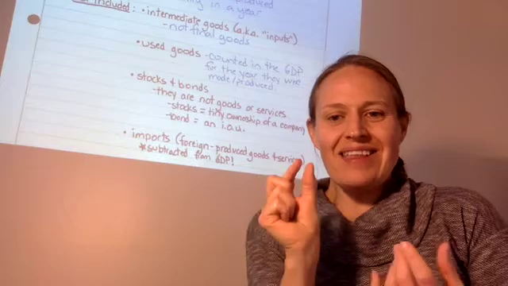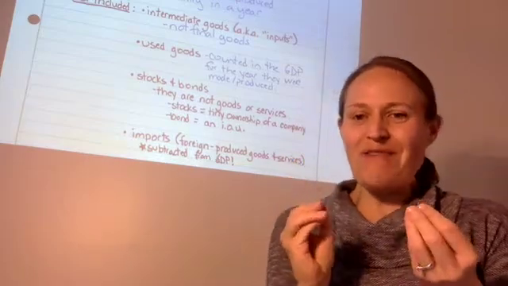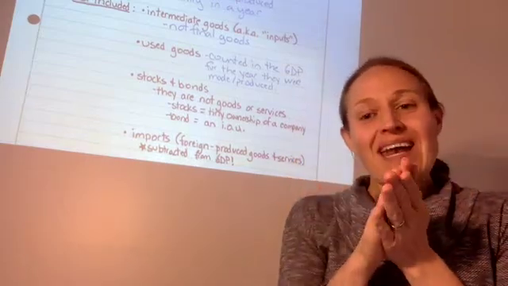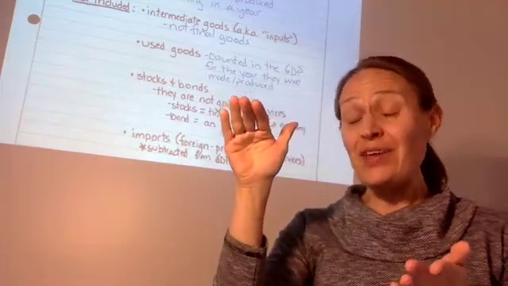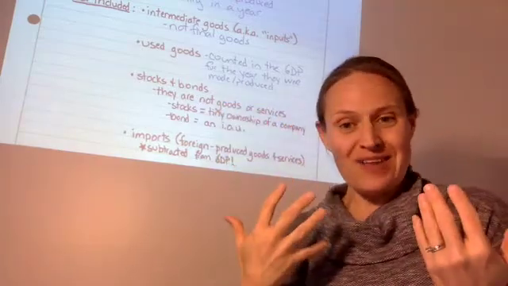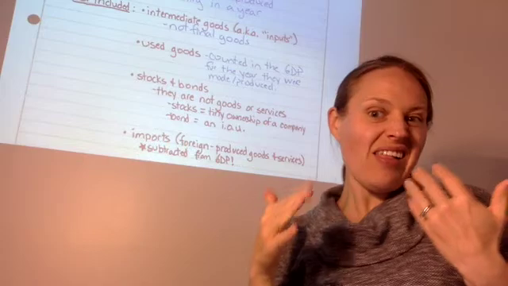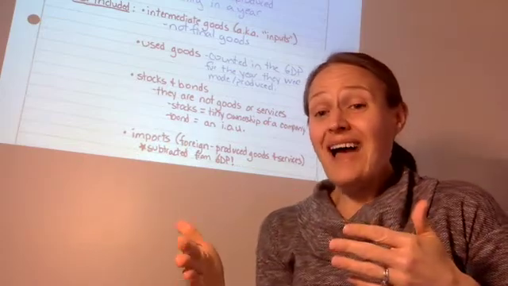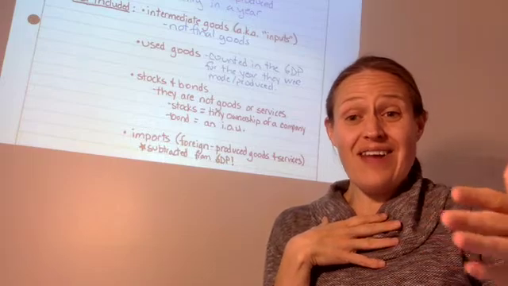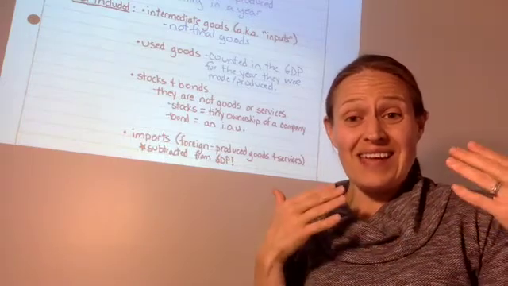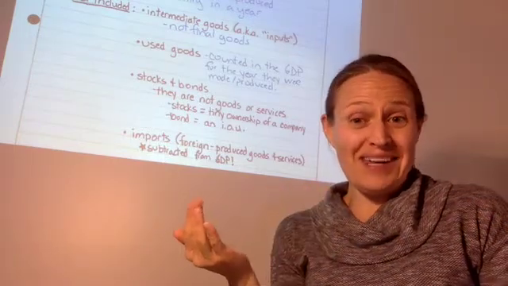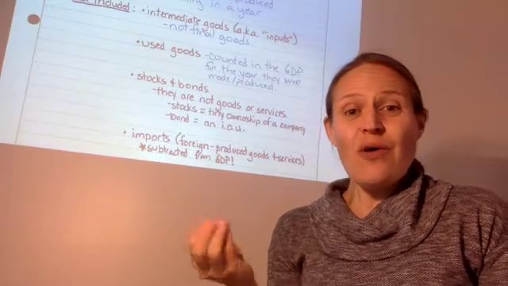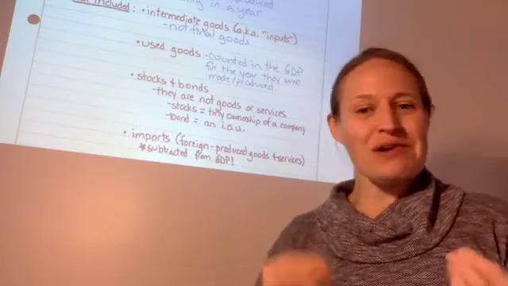I'm buying this little tiny ownership of that company, which means that if the company increases in value, my stock increases in value, so then I can sell it for more than I bought it for. And if I sell it, I get the money, and then the other person who bought it gets that little tiny ownership in that company. So it's not a good or a service.